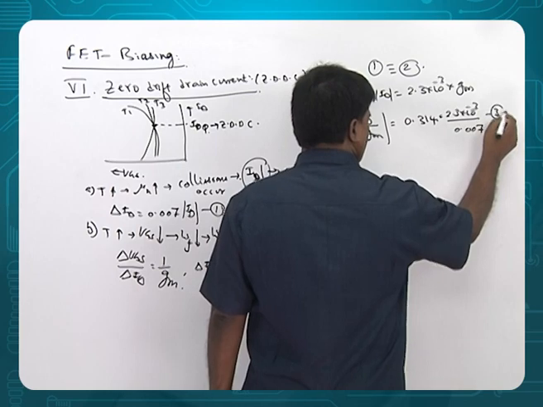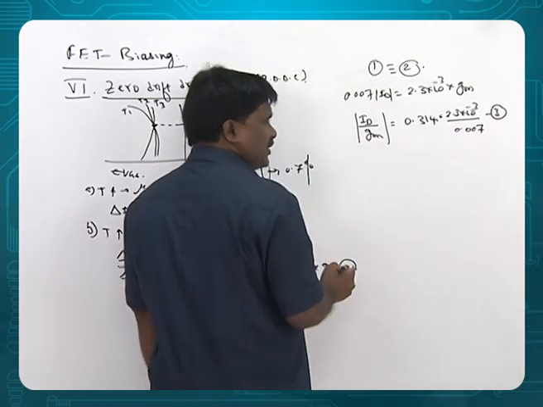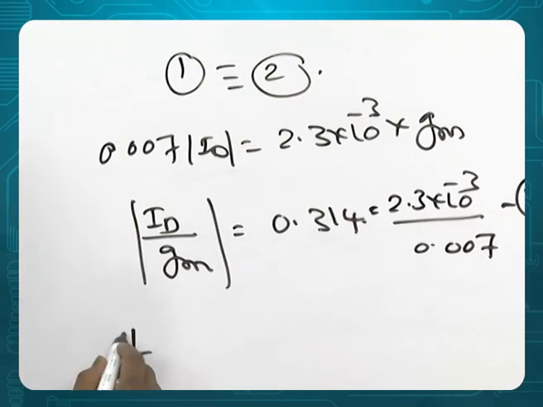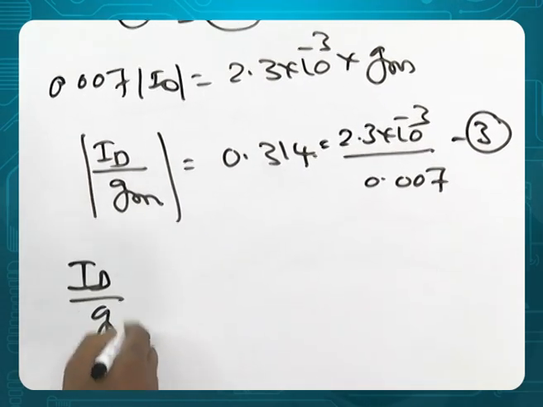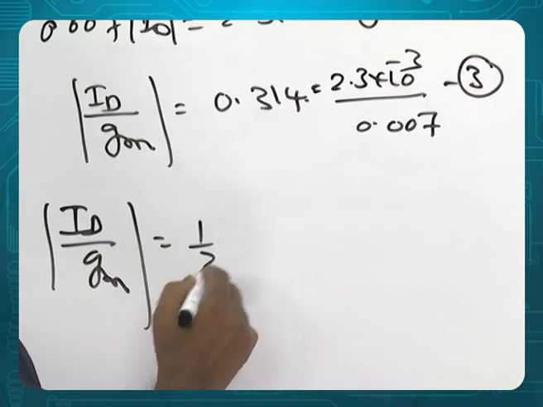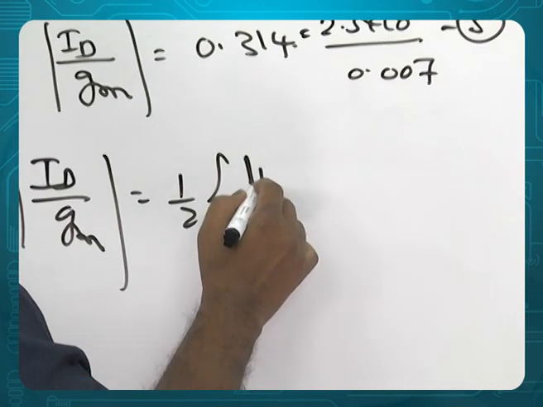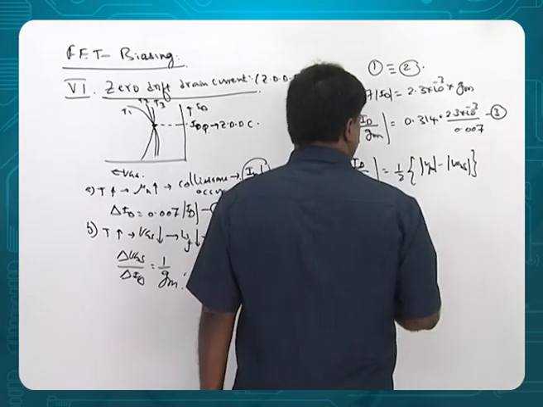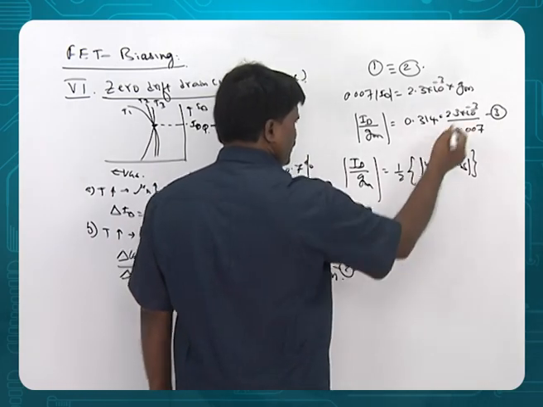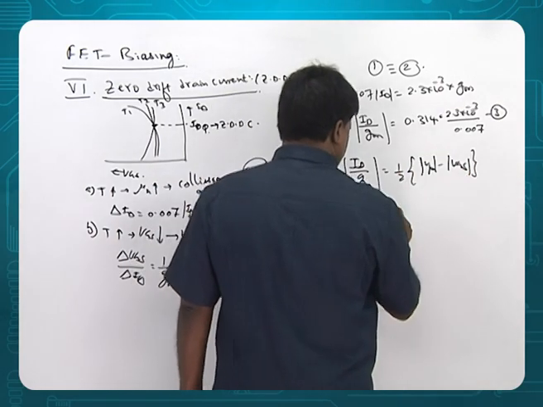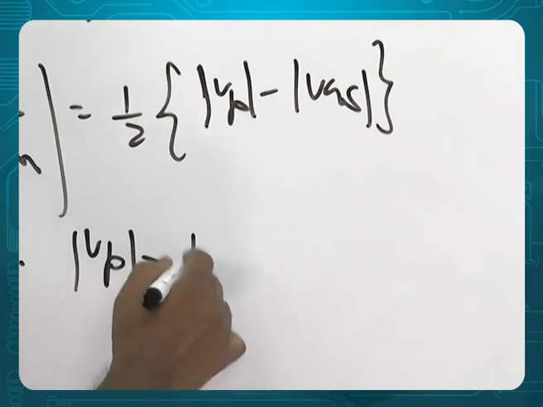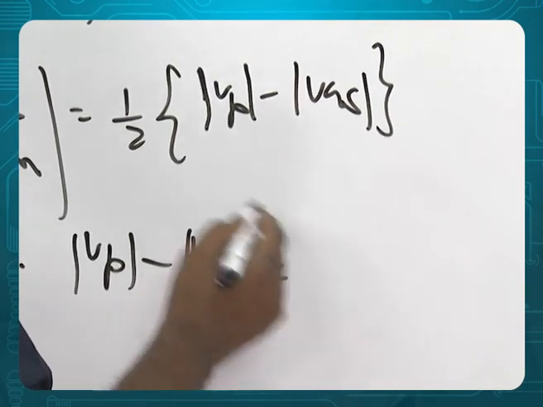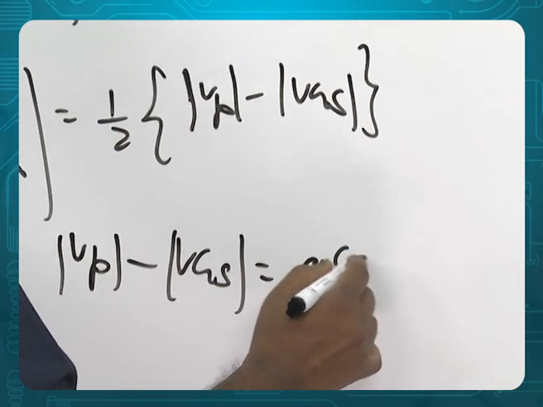Then you already have one equation: ID by GM is equal to half of VP minus VGS. Therefore, if you equate these two, VP minus VGS is equal to 0.628.